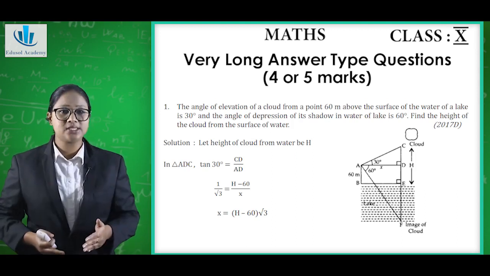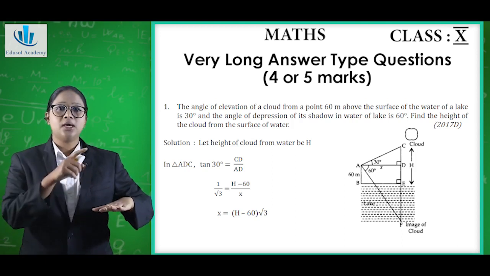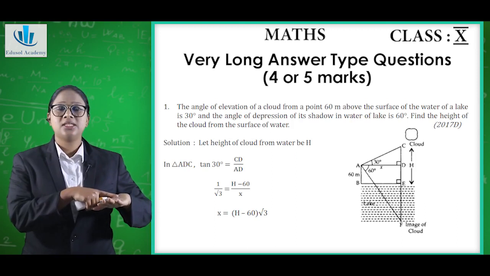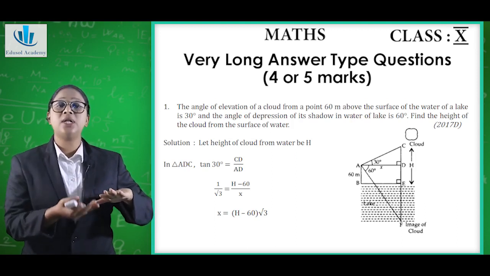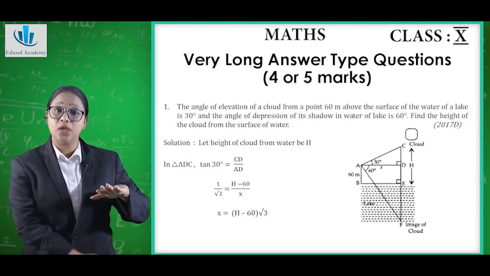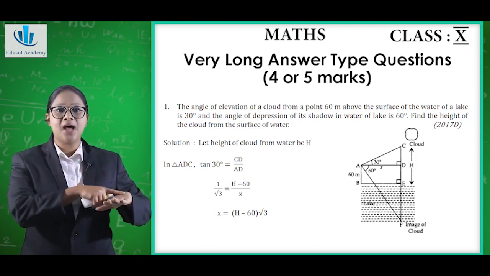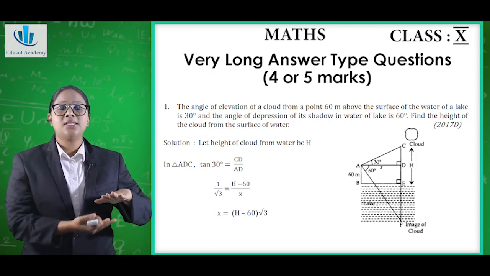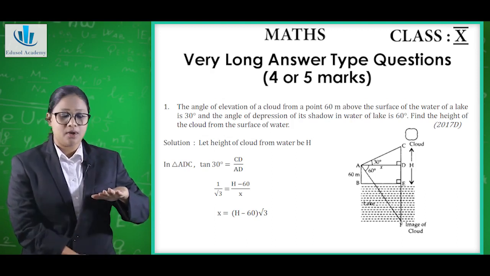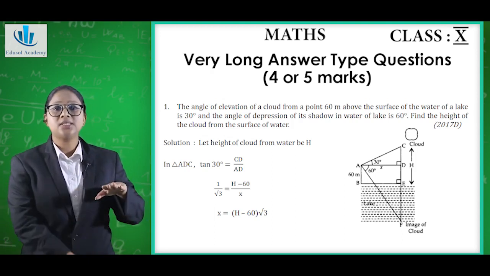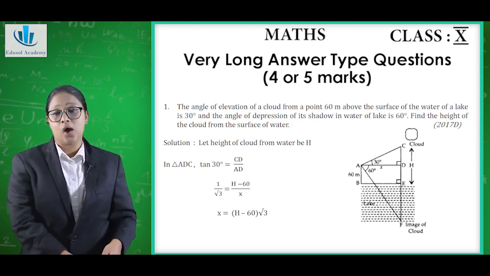I hope my point is clear. Even though the image of the cloud is seen on the water surface, it actually appears to come from below the water level at the same height as it's above. So if the height is h, then it is appearing to come from a depth h below the water level. So that is the point where we can see the cloud actually.